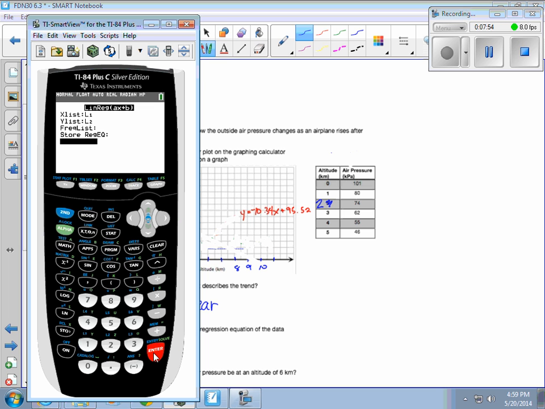We want to calculate this, hit enter, and it tells us, oops, I got the wrong page up here. We have negative 10.34 is our A, and 95.52 is our B.